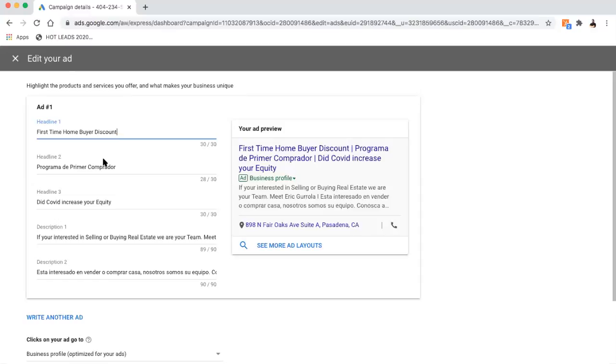The reason that I'm going to suggest that you use a headline like that is because everybody who's purchasing a home, for whatever reason, seems to want to know about first-time home buyer programs. There are FHA programs that are available. There are grants that are available.